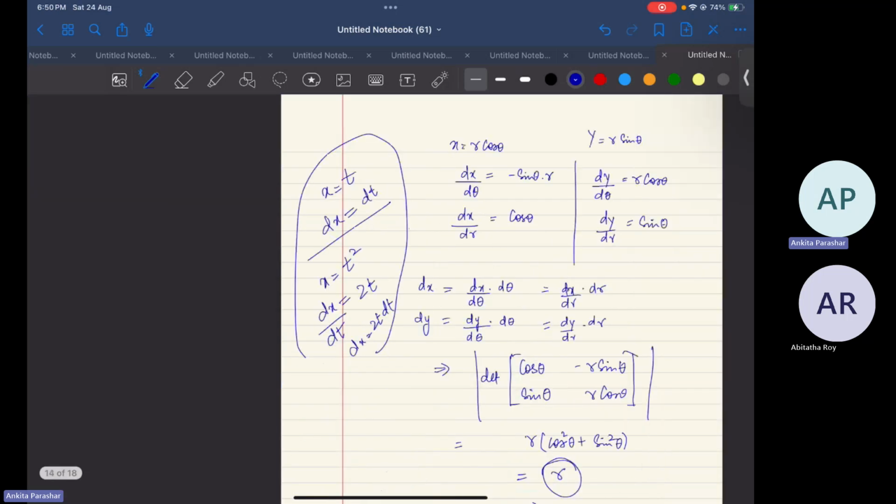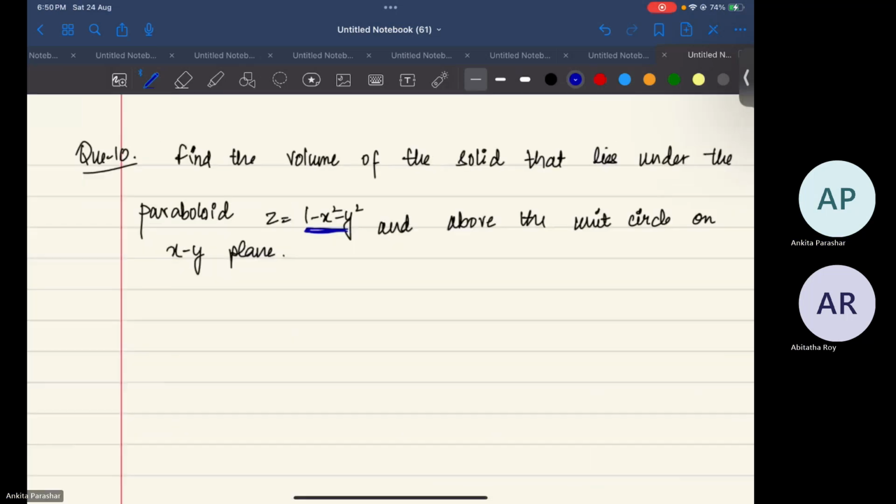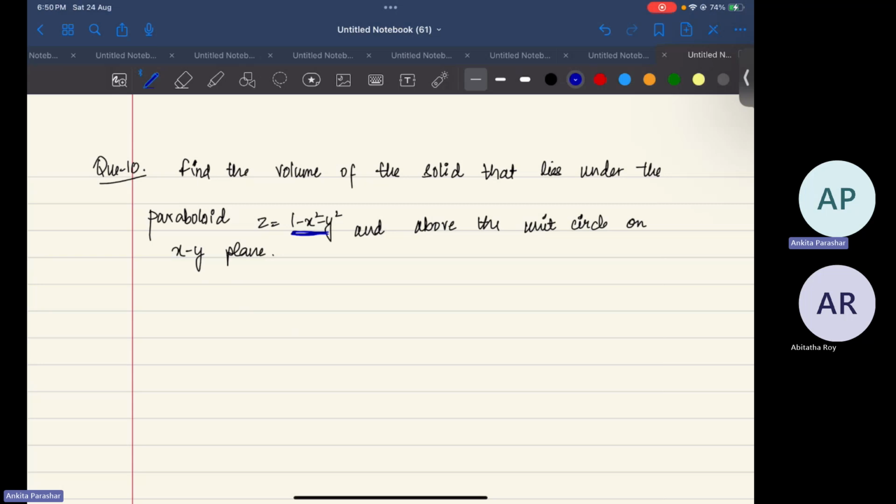Here, let's come back. If I project my paraboloid to the xy plane, what is the equation in the xy plane? It would be x square plus y square equal to 1. Yeah, so this is nothing but the projection of the paraboloid to the xy plane.